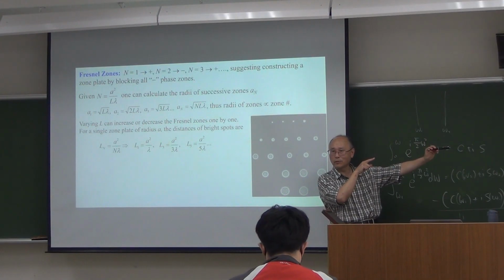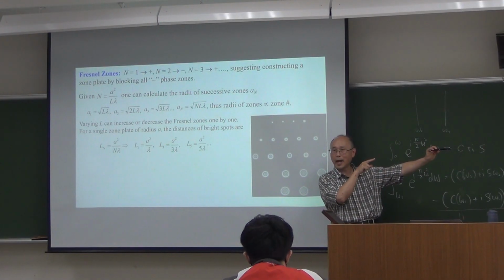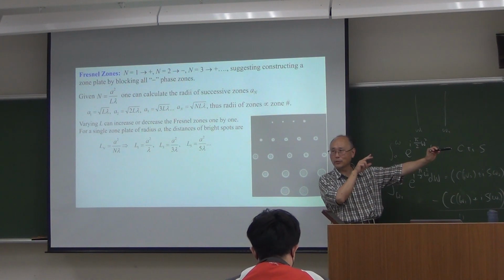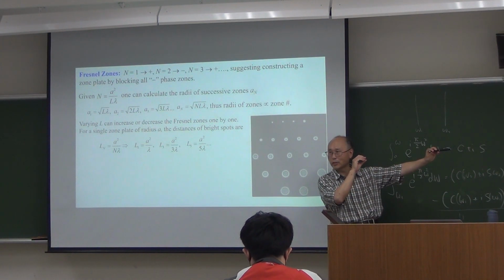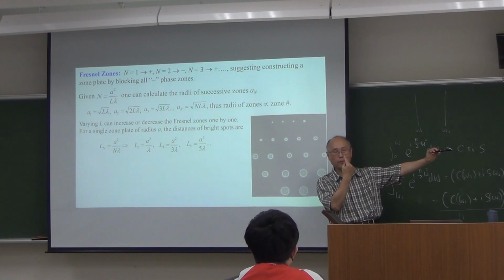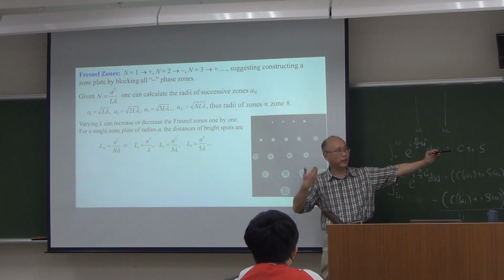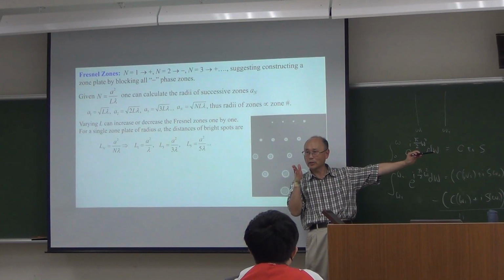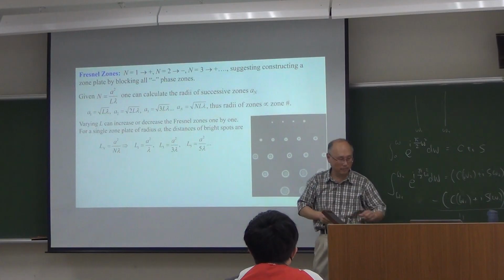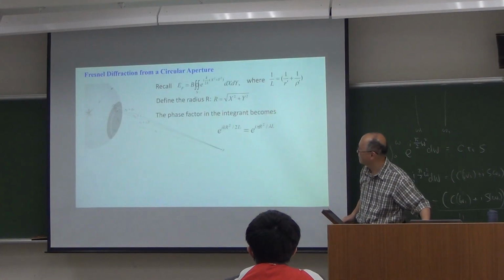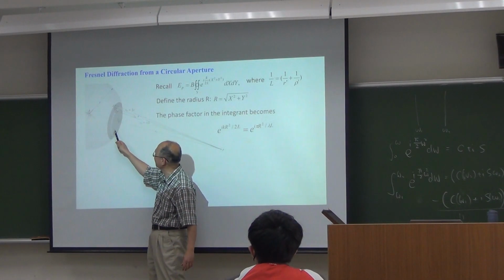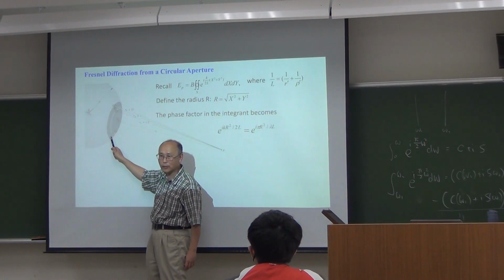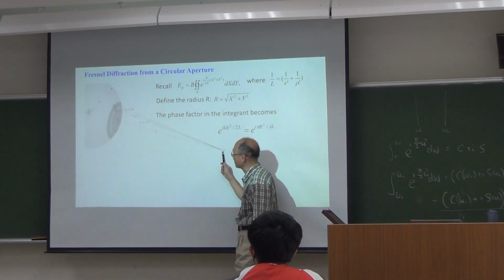For 3 Fourier zones, the first 2 zones give you destructive interference. The third zone will have all the light coming into your eyes. But then if I walk in this direction, the 3 zones will be reduced to 2 zones. And then you have destructive interference. If you have 2 Fourier zones, these 2 zones will give you destructive interference. You'll see a dark point right here.